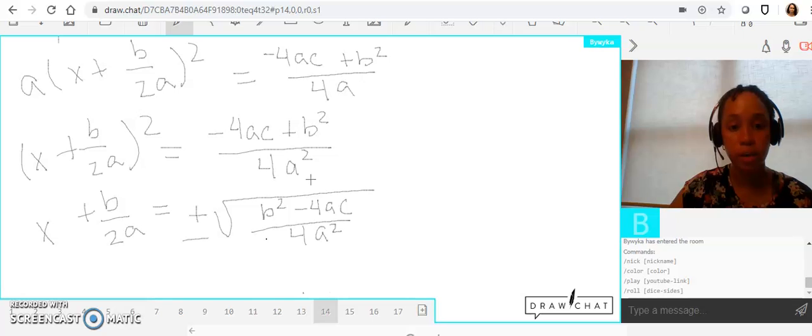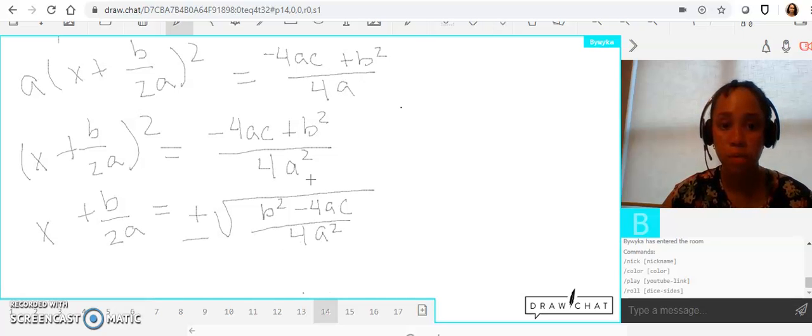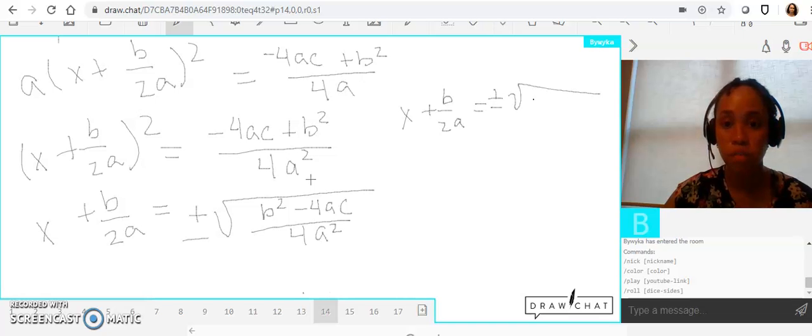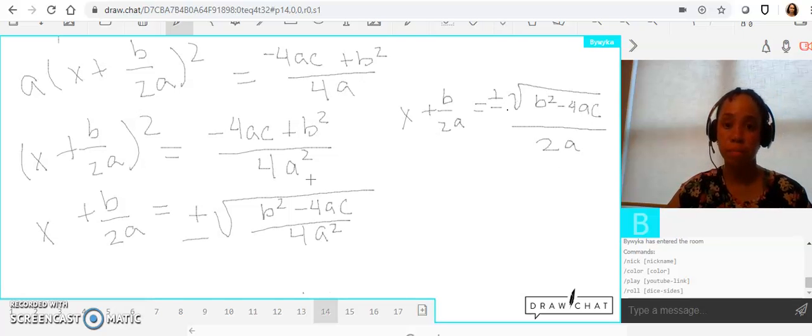Also, I see here that I can take the square root of this 4a squared. So let's do that. I have x plus b over 2a is equal to plus or minus the square root of b squared minus 4ac, and then I've taken the square root of that 4a squared, and that gives me 2a. Okay? And this is a plus or minus.